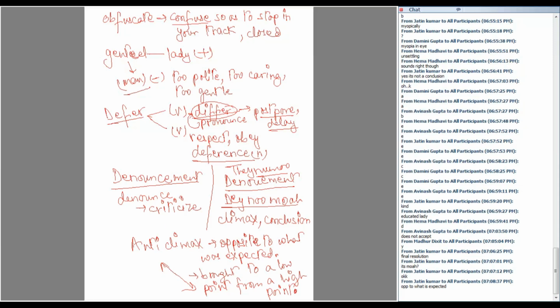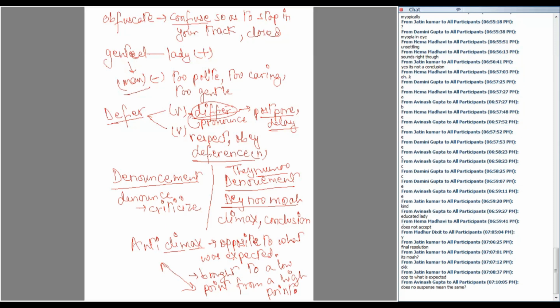Anticlimax always means that we generally use this word when we want to say that things did not go according to our expectations. We were expecting so much. For example, there are some movies that are promoted so well, so thoroughly.